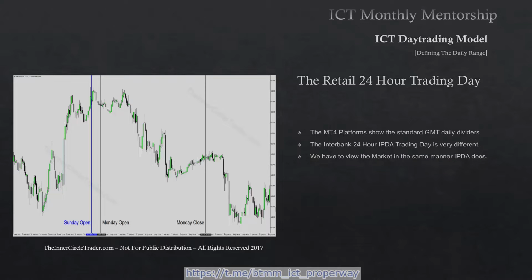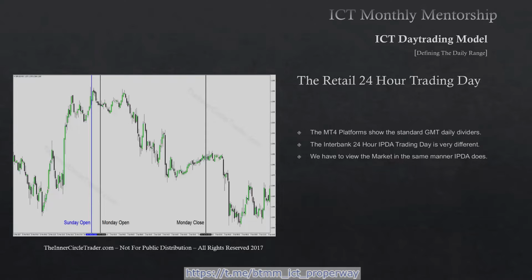So if it's going to be a high probability trade scenario that we're going to be looking for, it stands to reason we have to start with the same reference point that IPTA itself, the interbank price delivery algorithm, uses in referencing time. So we're going to have to use the same thing that IPTA does when we view price in the element of time of day.